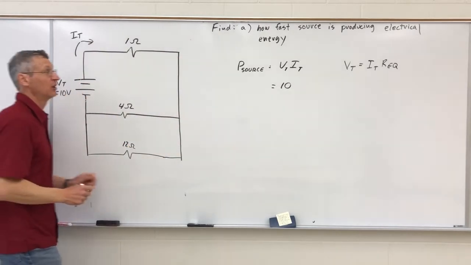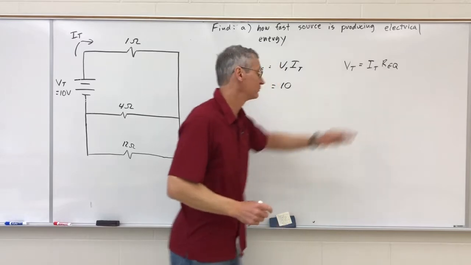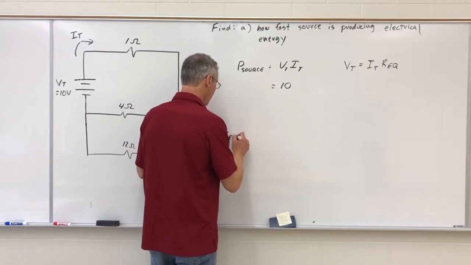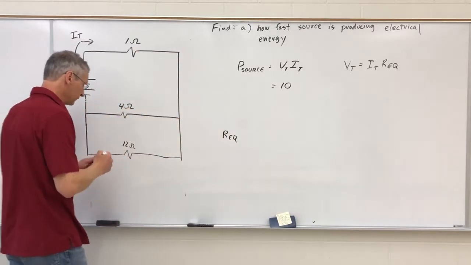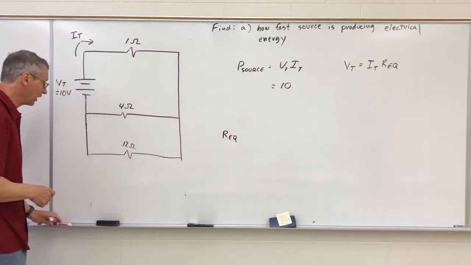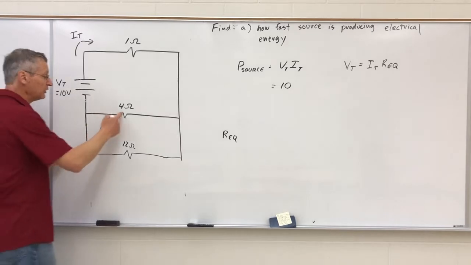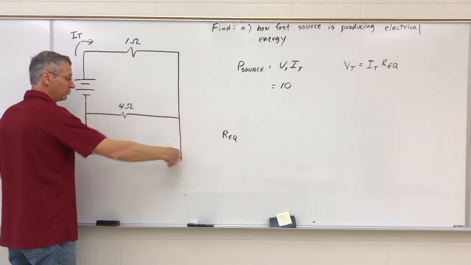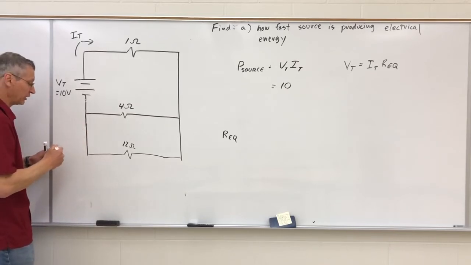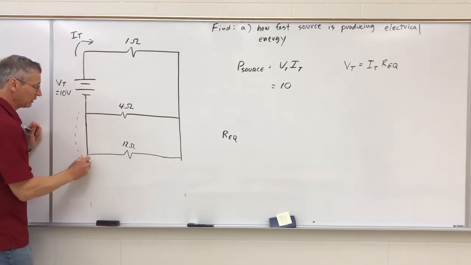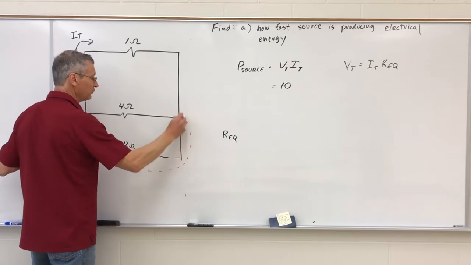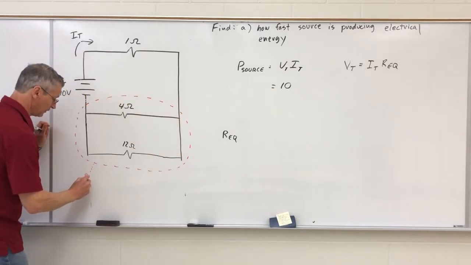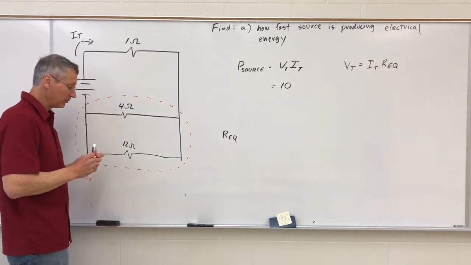The question is, what's REQ? What is the resistance of all these things together? Well, take a close look at what we've got here. These two things are in parallel, right? The current comes along and it splits and then it gets back together over here. So why don't we call the resistance of these two things R parallel?